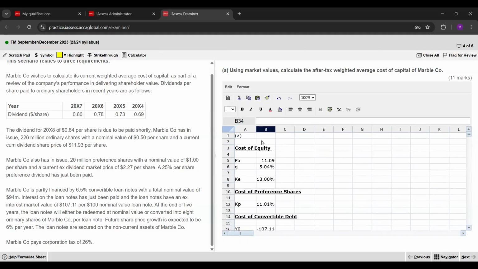Okay. So before doing anything else, because we are doing the calculation in millions, ideally the correct thing to do is put a note for the examiner. All figures are in millions. Okay. Now they know. They won't be confused.